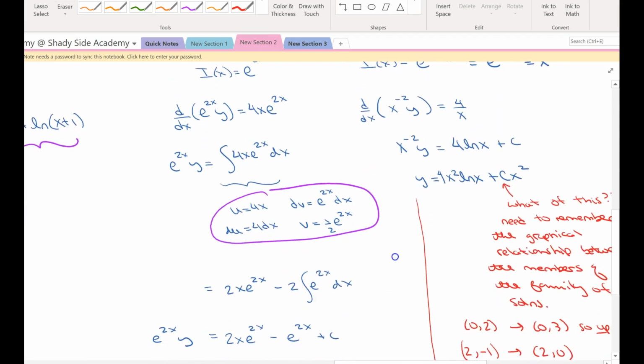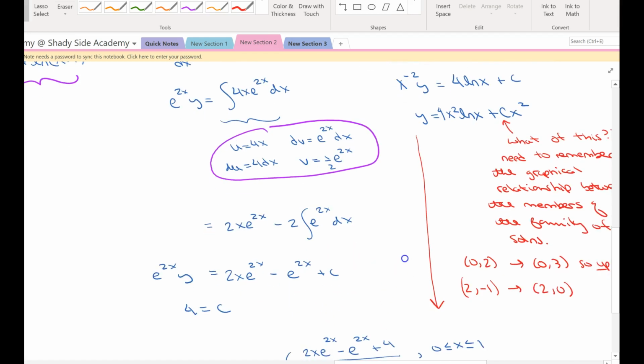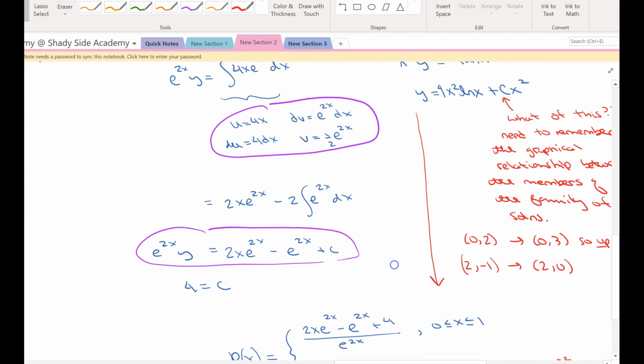And then if you take that right-hand side all the way, okay, here's uv minus the integral of v du, and then take care of this integral here. At the end of the day, we get this family of solutions. 4 equals c, I got that using the point y of 0 equals 3.